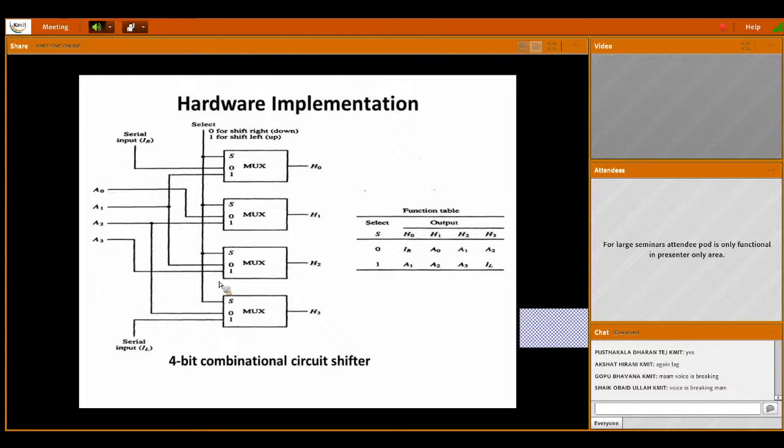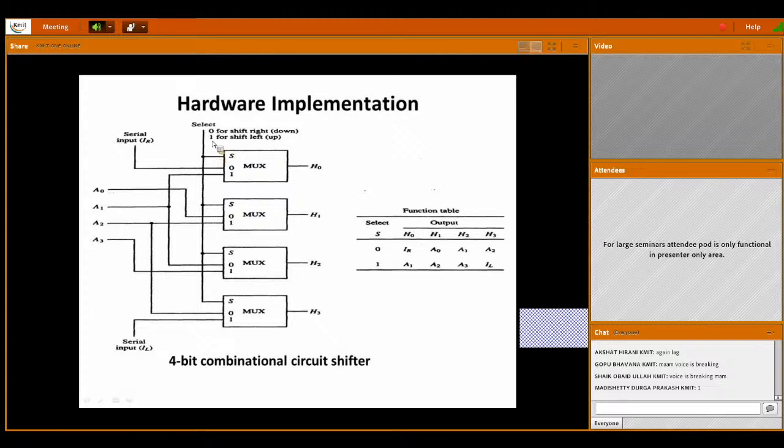Whenever the multiplexer size is 2 by 1, how many selection lines should be there? 1 line, because 2 power 1. Whatever is there in the power, that many selection lines you should have. So for these 2 by 1 multiplexers, you need to have 2 inputs which give 1 output and 1 single selection line. The selection line is only 1, which means you will have only 2 choices.